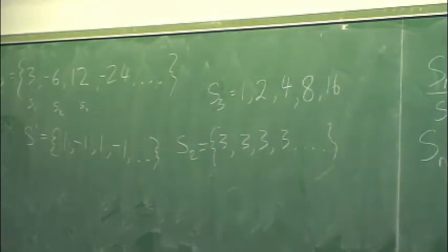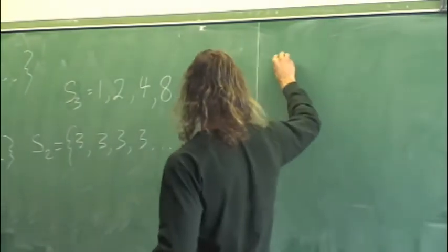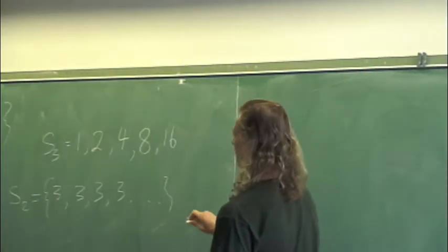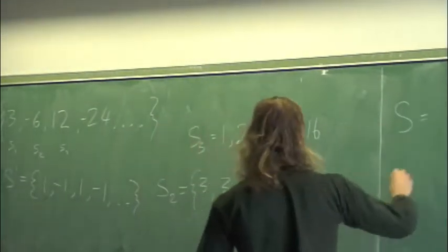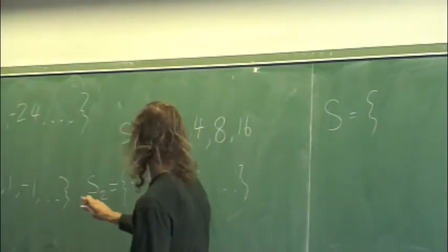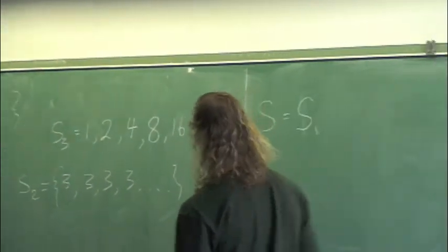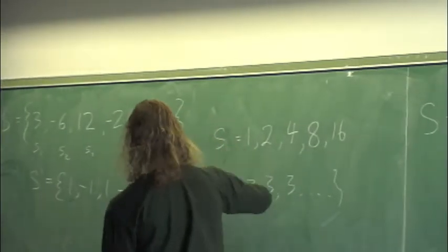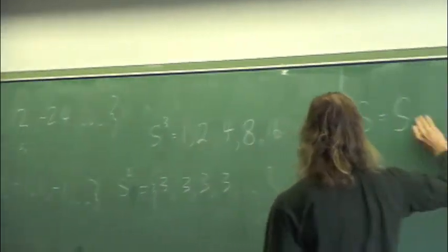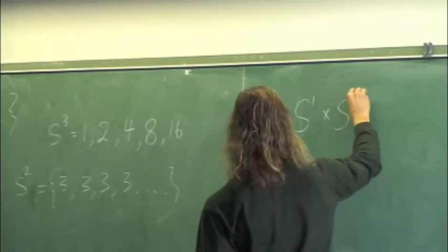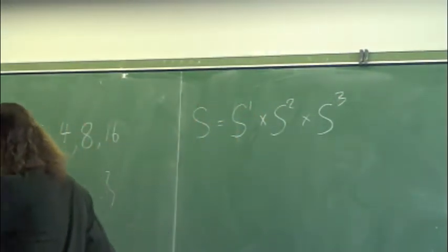So the total sequence, as I see it, is the multiplicative combination of the first term and then the second terms and so on. I want to keep these as superscripts for my labeling purposes here. So it's a multiplicative combination of these.